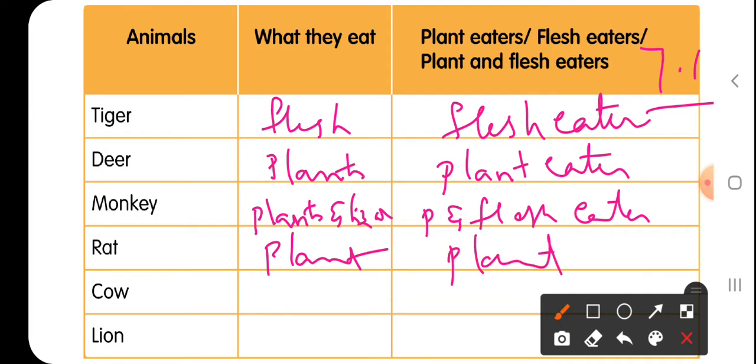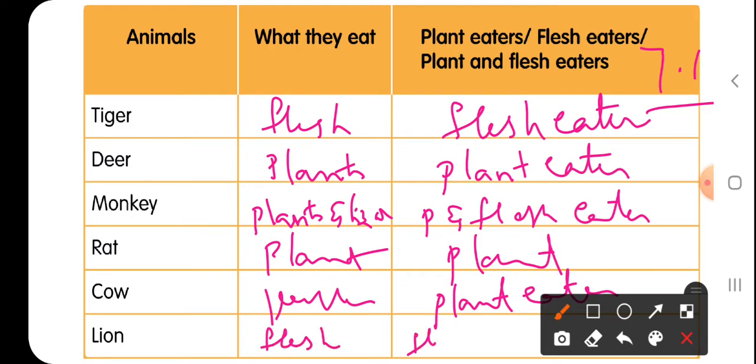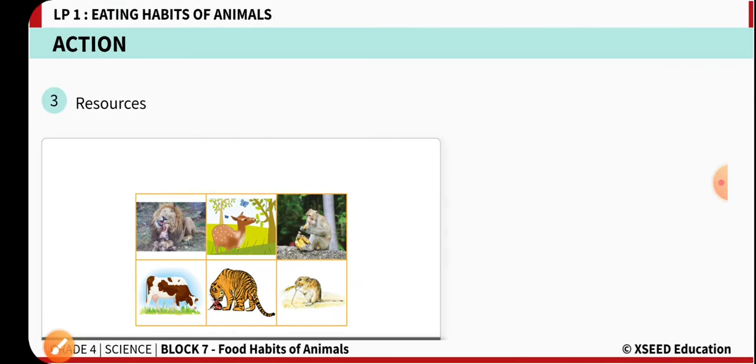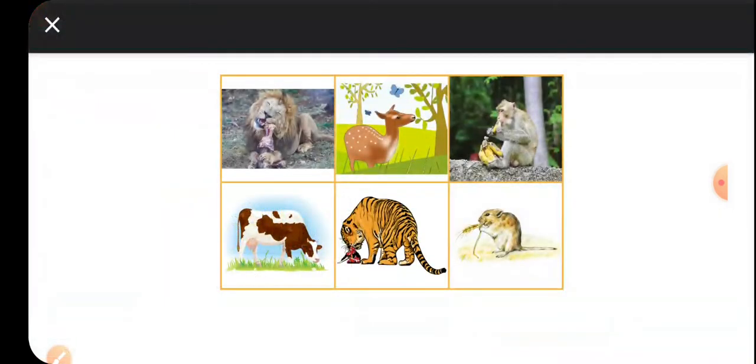A cow eats leaves, so it is also a plant eater. A lion eats only flesh, so it is a flesh eater. Quickly copy this table in your classwork, children, and try to complete it by observing the pictures you stuck in your classwork.